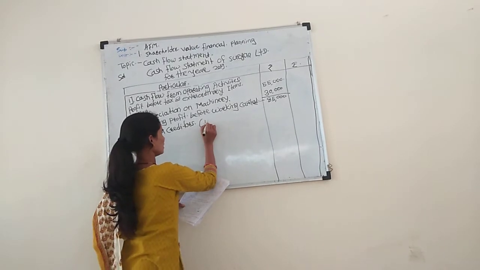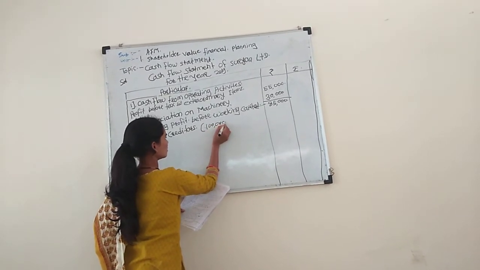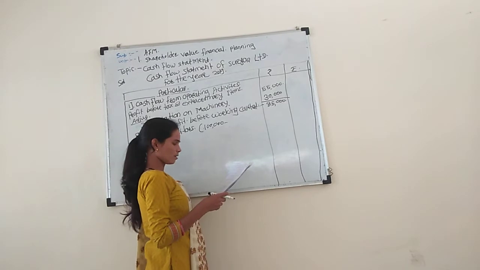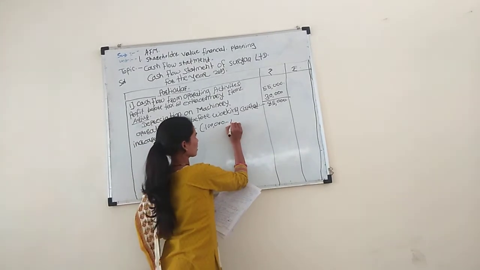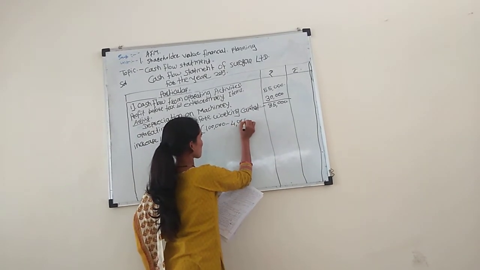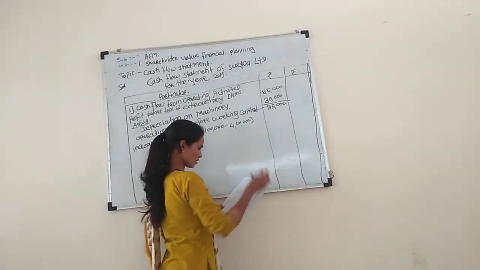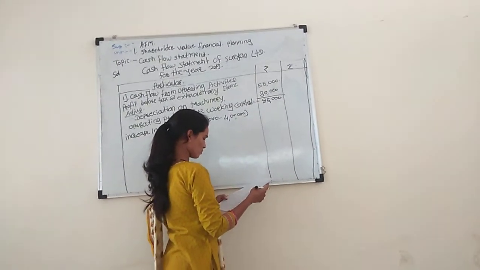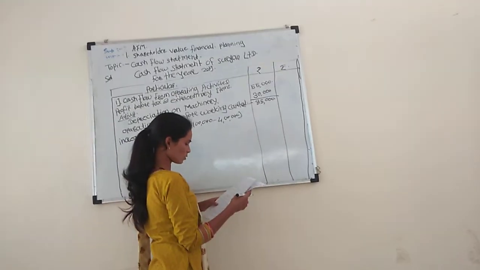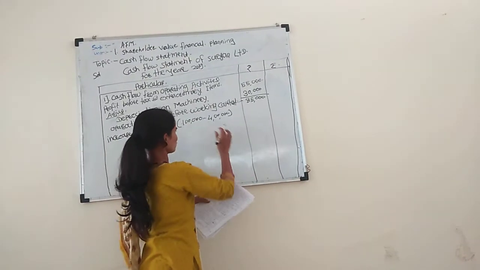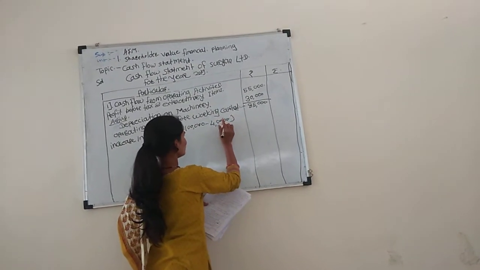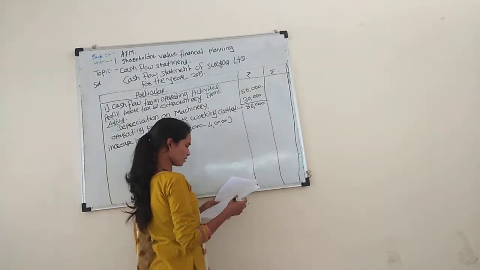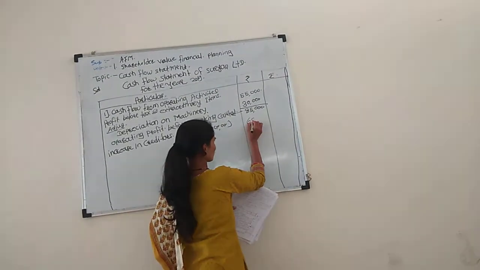First one is 1 lakh minus closing balance 40,000, which is equal to 60,000.